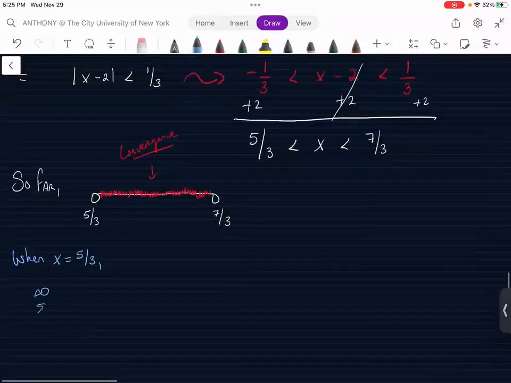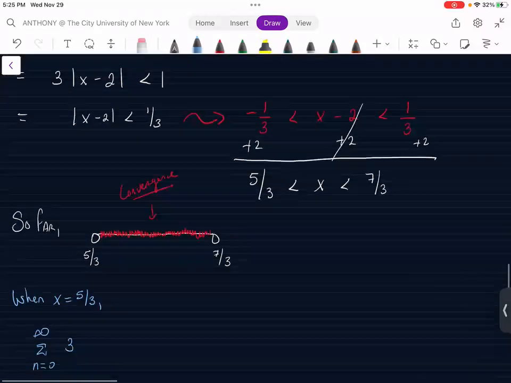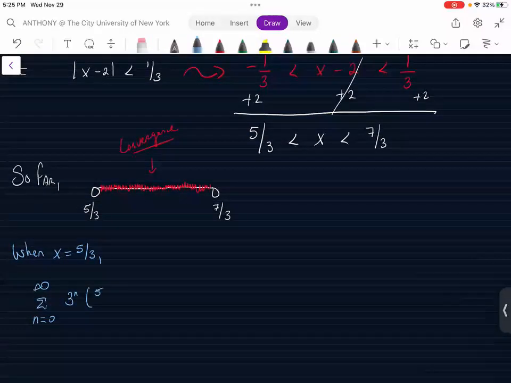Sorry, I had to go back. 3^n times x. Well, your x now is going to be 5/3. So you have (5/3 minus 2)^n over n plus 2.